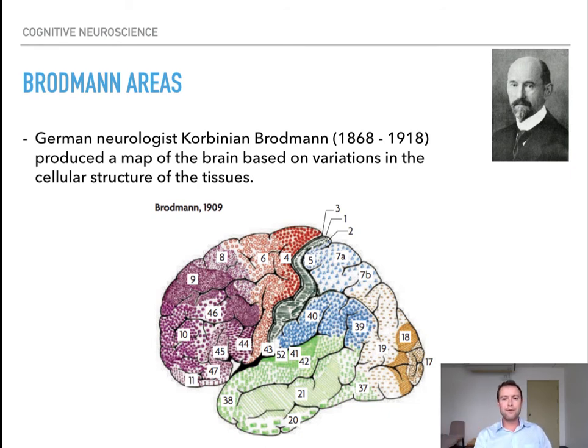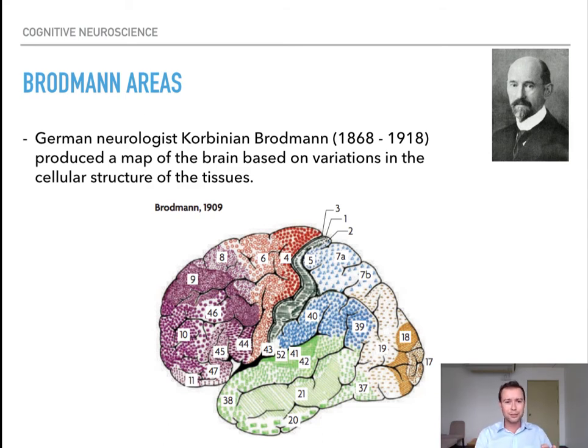These different regions were identified based on the fact that he used cell body stained histological sections. So in other words, Corbinian would take a microscope, he would take brains that had been donated, let's assume from people who had passed away, and he's taking each of the different sections of the cerebral cortex and closely examining them under the microscope, looking at each of those regions.